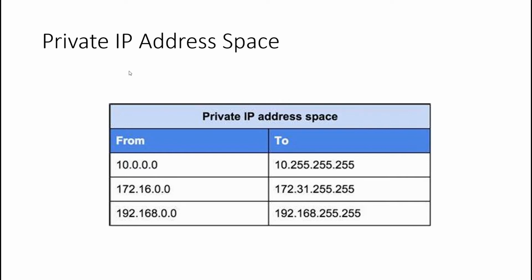It means this is a rule. So, guys, if you are connected with the internet, you can't use these IP addresses. This is only for your private network. If you have an organization and within your company you need to communicate with your computers, then you have to use these private IP addresses.